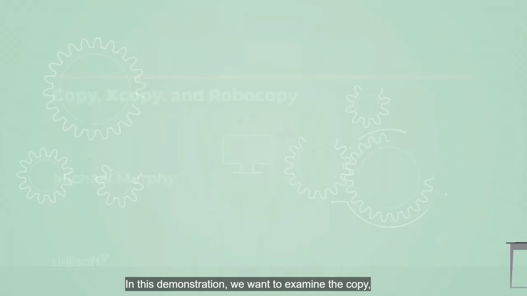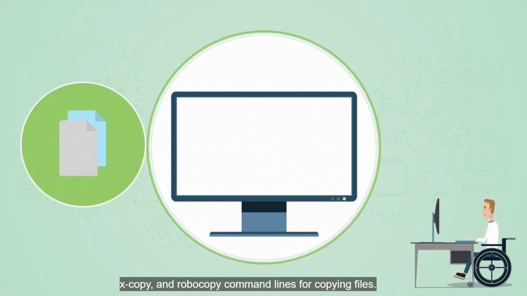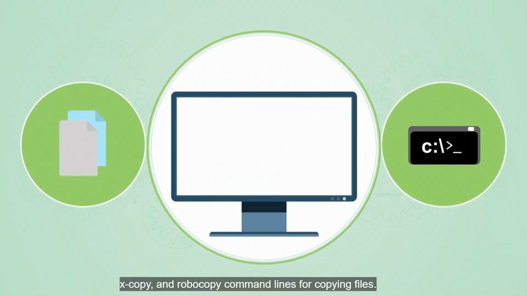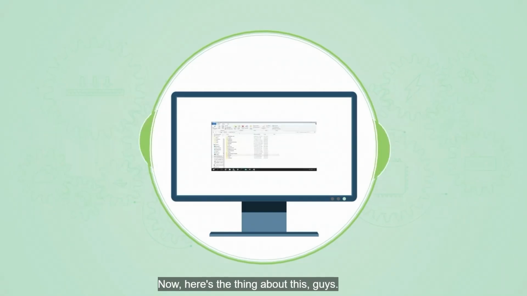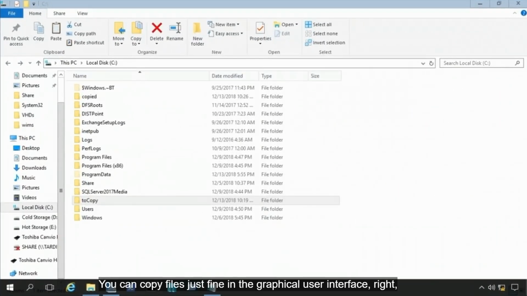In this demonstration, we want to examine the copy, Xcopy, and robocopy command lines for copying files. Now, here's the thing about this, guys. You can copy files just fine in the graphical user interface, right? I have File Explorer open here. I can grab a bunch of files, copy them, fine.